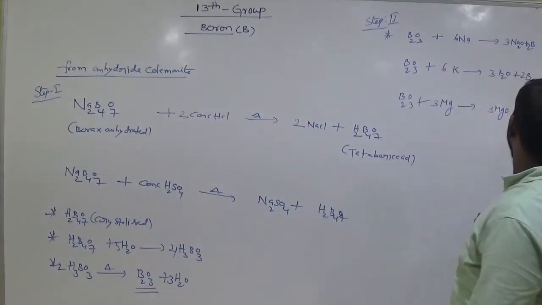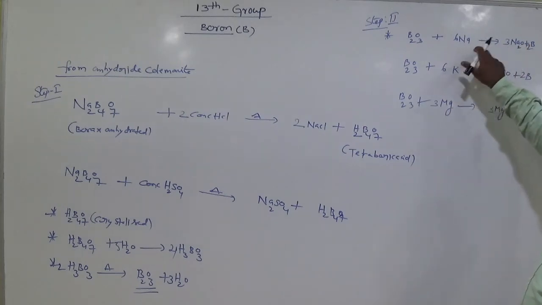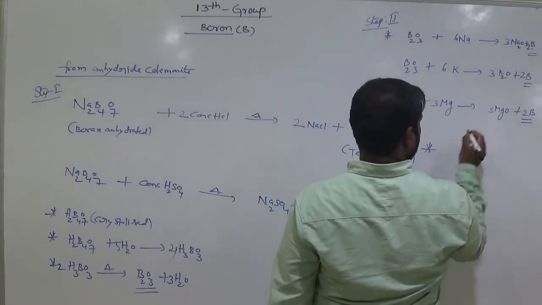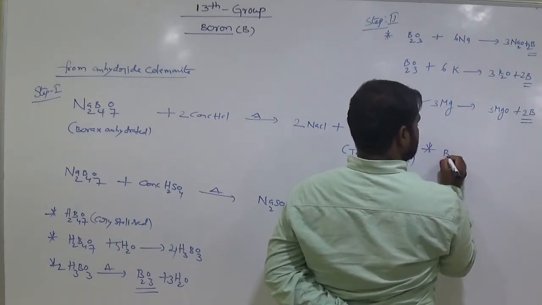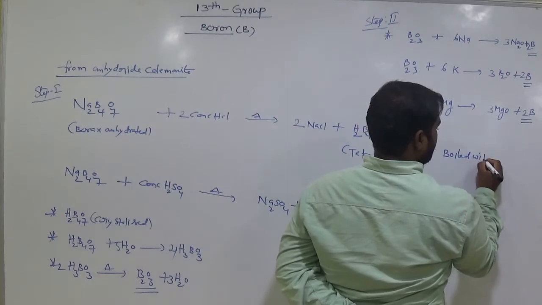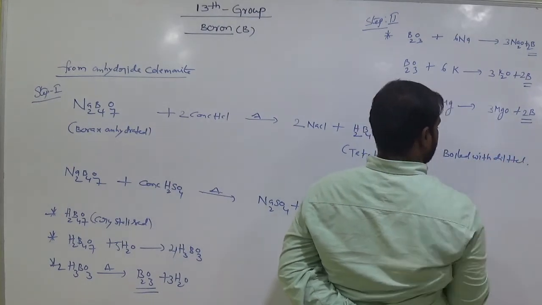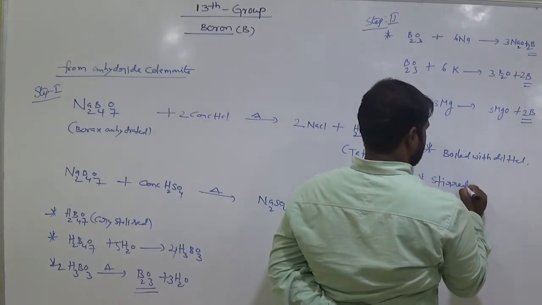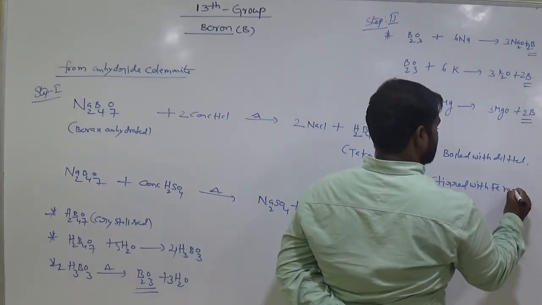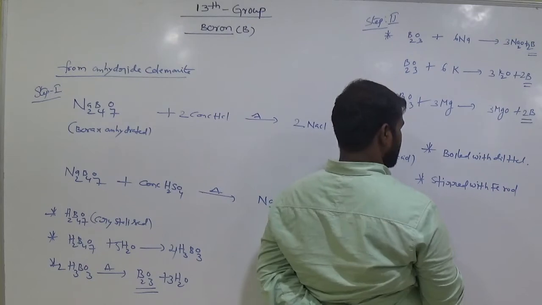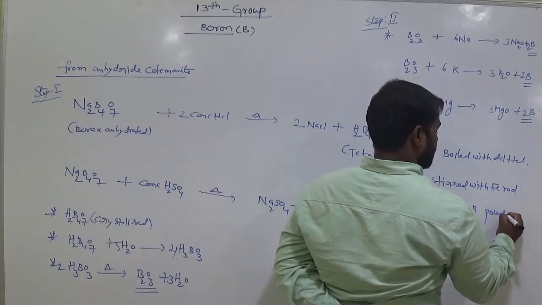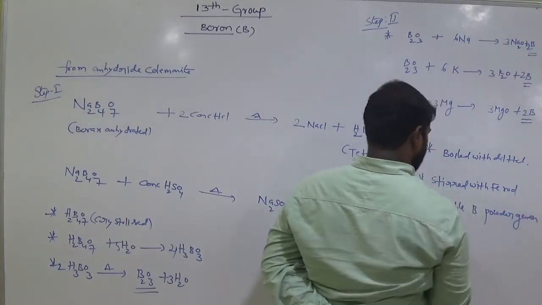Two moles of Na2O3, and here 6 potassium, 6 sodium, 3 oxygen, 3 oxygens. Clear? So here boron is... okay. So this mixture is again boiled with dilute HCl, and then stirred with iron rods, same as before, and insoluble boron powder is generated.